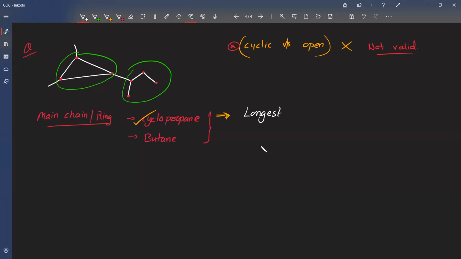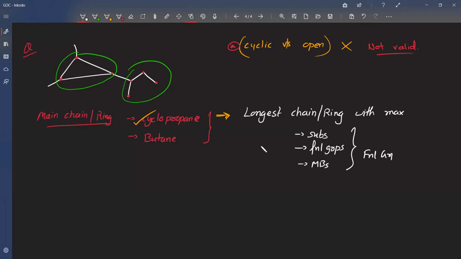Longest chain, with maximum substituents or functional groups or multiple bonds. Out of these, highest priority is given to functional groups. Then comes multiple bonds. Then we have substituents. So the priority is this.